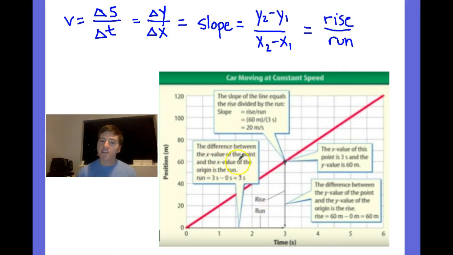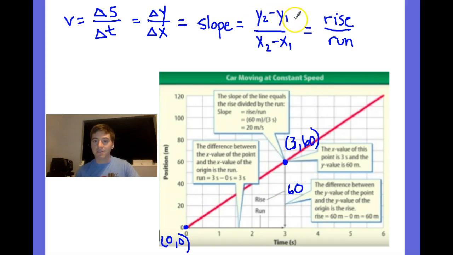Rise over run. So in this example, this person is moving from 0, 0 to 3, 60. So we can say we rose 60 from 0 to 60, so 60 minus 0. And we went from 0 to 3, so we ran 3.